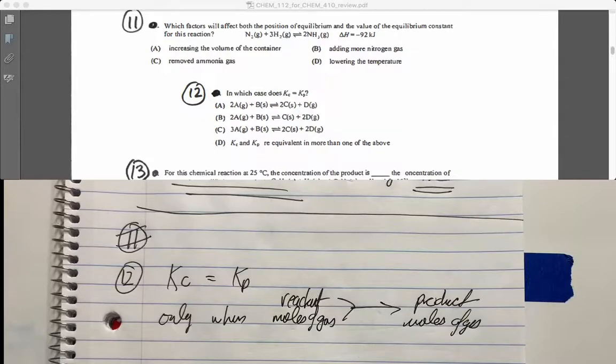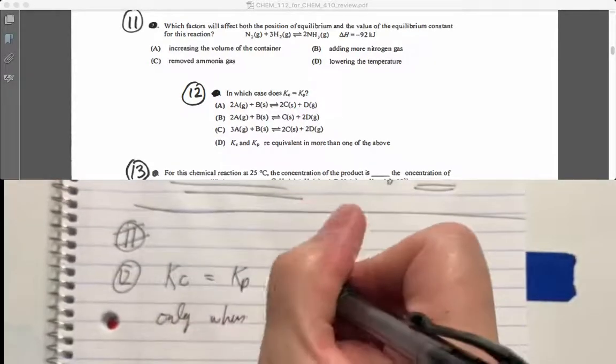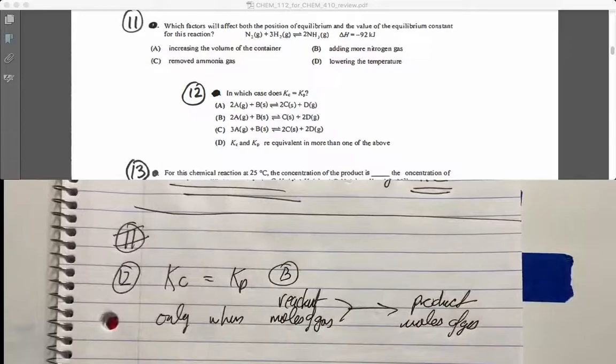So Kc is not equal to Kp here. For B, we went from 2 moles of A to 2 moles of D, so the number of moles of gas is left unchanged, so B is the correct answer. Let's just go ahead and look at C while we're talking about it though. For C, 3 moles of A go to 2 moles of D gas, and so again there's a change in the number of moles. So this is only true for option B.